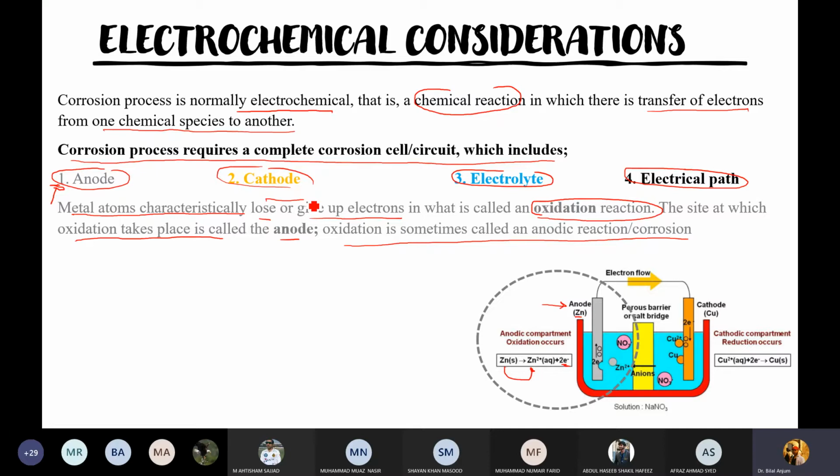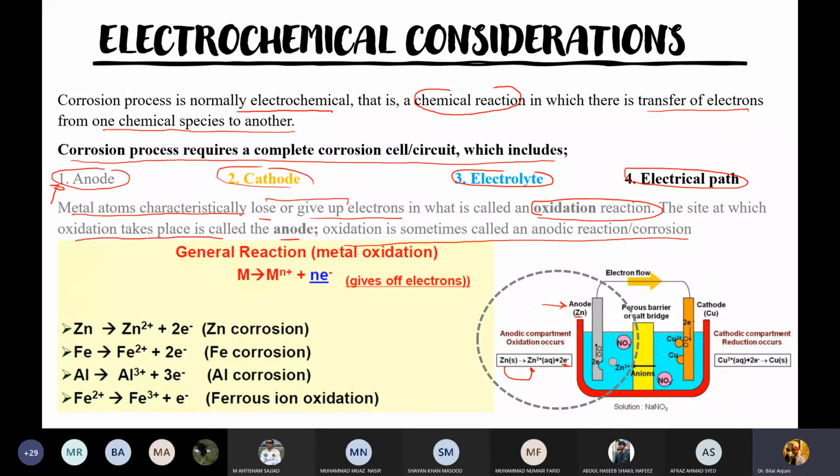So losing of electrons is the characteristic that results in the oxidation reaction. The general form of the reaction is where M, which is in the metallic form, goes into the ionic form by losing the electrons. So it is giving off electrons.